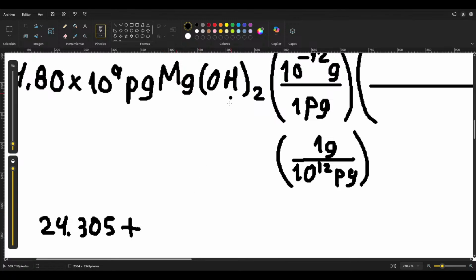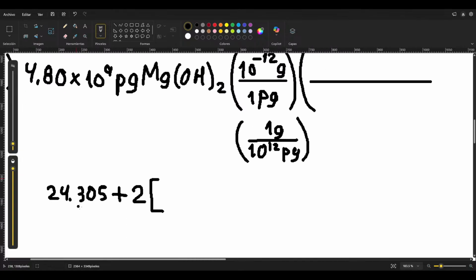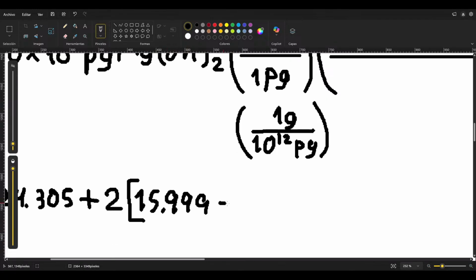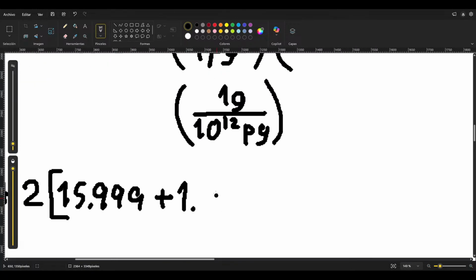What I recommend you is put the 2 outside and you put a parenthesis and you calculate this inside. Oxygen is 15.999 plus hydrogen is 1.008.